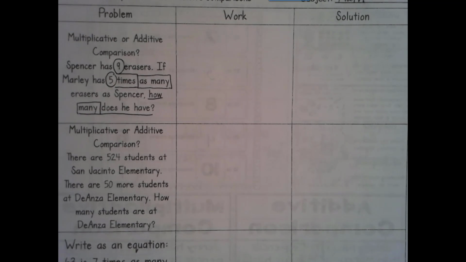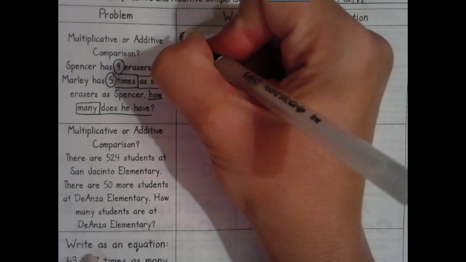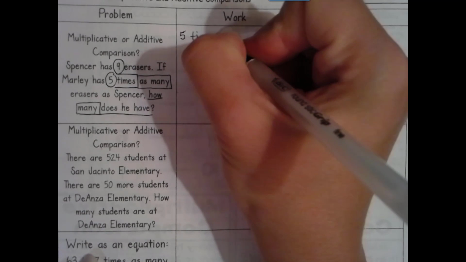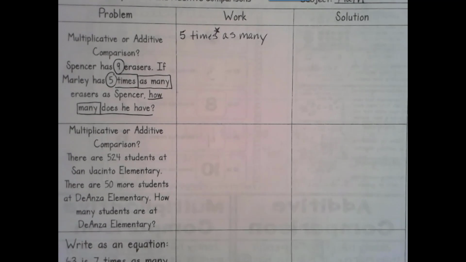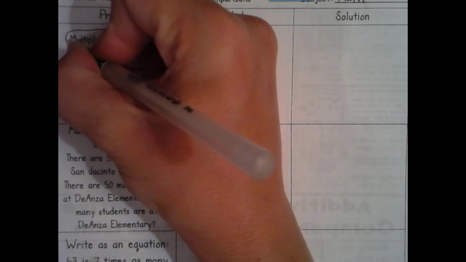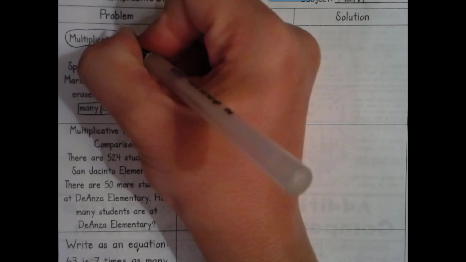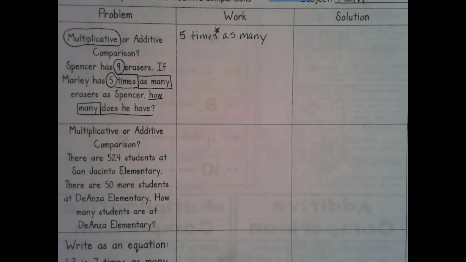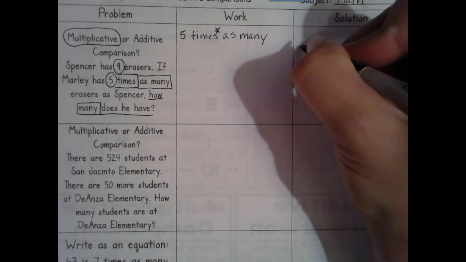Well, that phrase, 5 times as many, that phrase right there, especially with the times, tells us it's which one? Multiplicative or additive? Which one does it tell us? It tells us it is a multiplicative comparison.